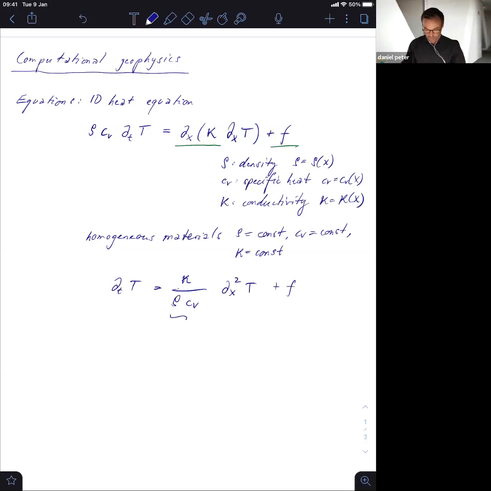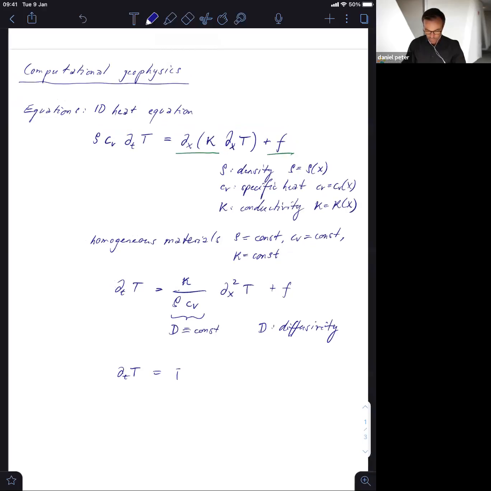And then this factor here, because it's a constant, we can just call it D. And D would be the diffusivity. So if you see an equation in this form, then we also call this the diffusion equation.